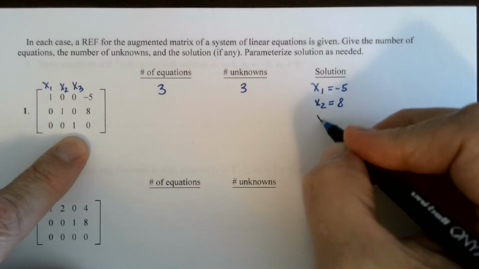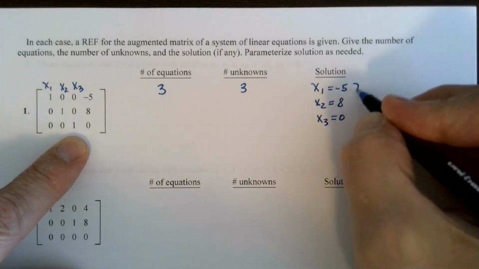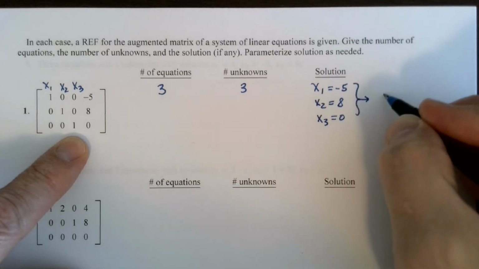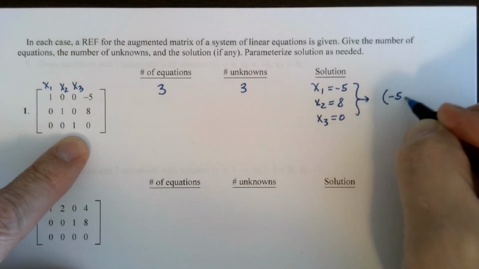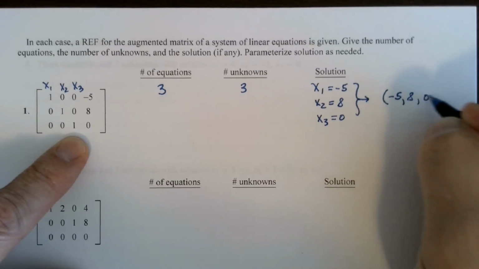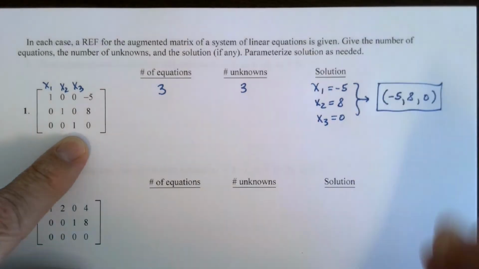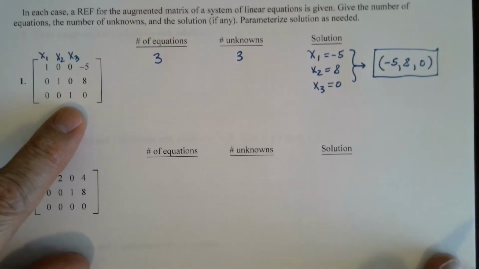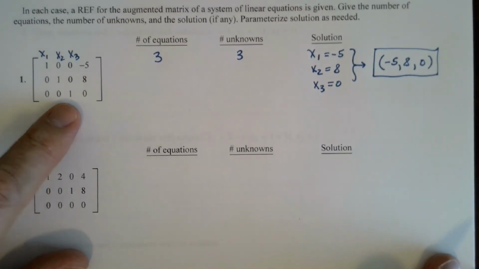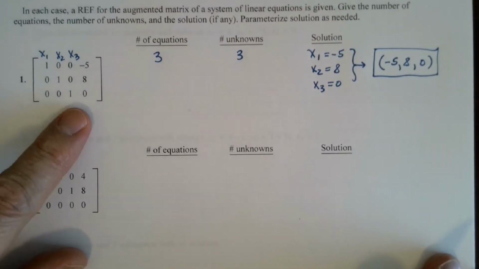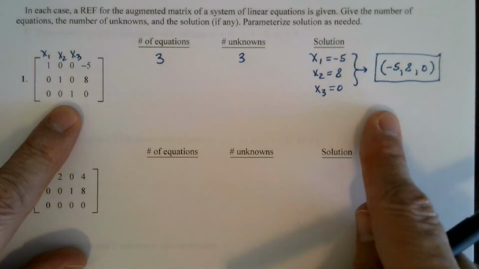And the third equation, x sub 3 equals 0. If we want to write this as an ordered triple, in order x sub 1, x sub 2, x sub 3, there's our solution in this case, exactly one solution. So that's easy. If I can get my augmented matrix to be in this form, then there's the solution.